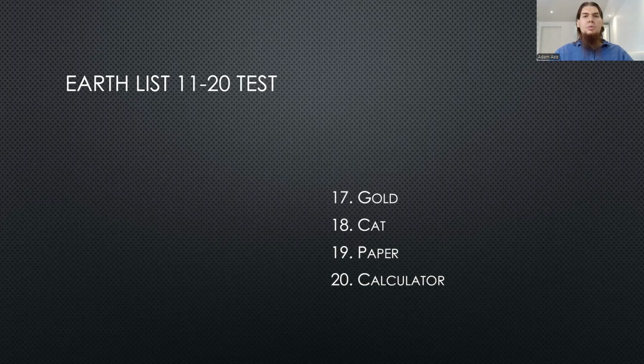Number 17 is gold. Number 18 is cat. Number 19 is paper. And number 20 is calculator. Well done.